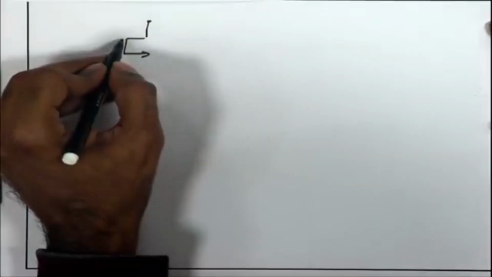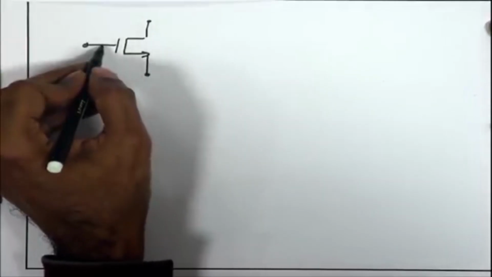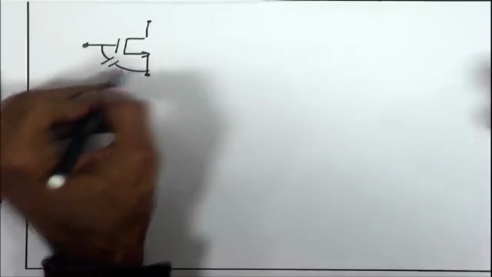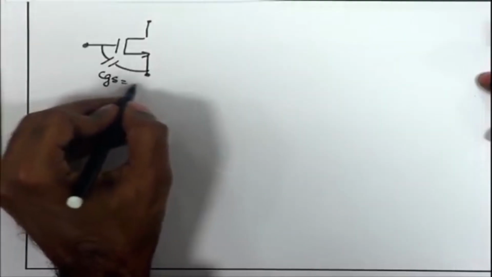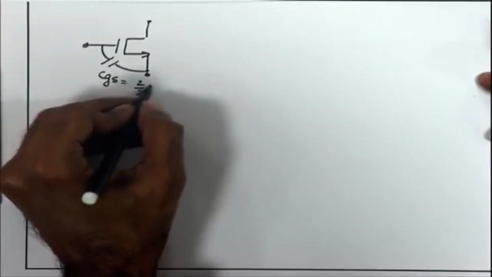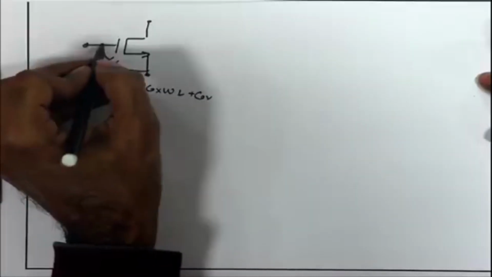Let me add these capacitances that we just defined on the MOSFET model. So, we define CGS, earlier term used was C effective, but let us call it CGS. This is equal to 2 by 3 COX WL plus C overlap in saturation region.